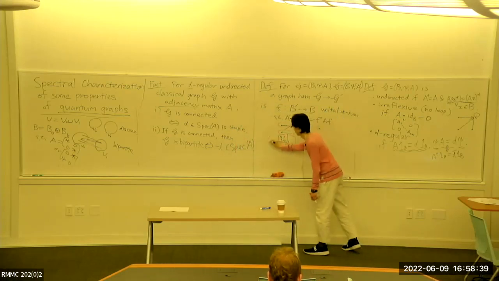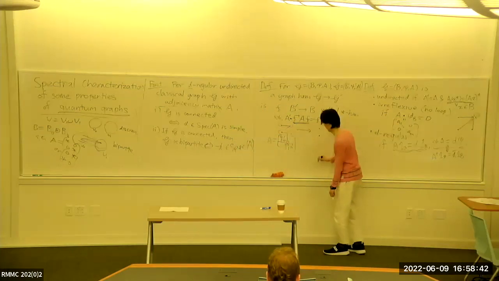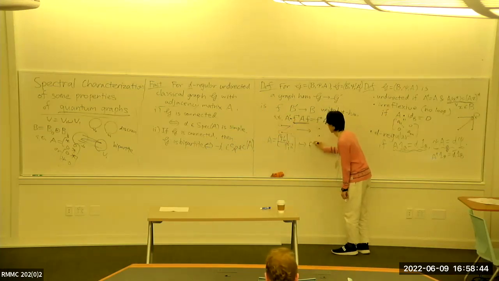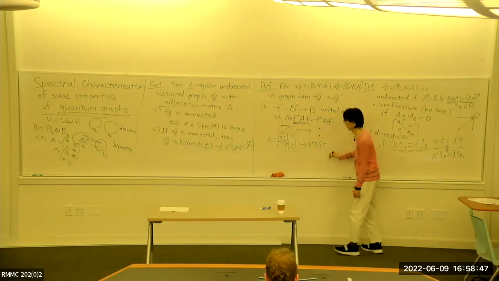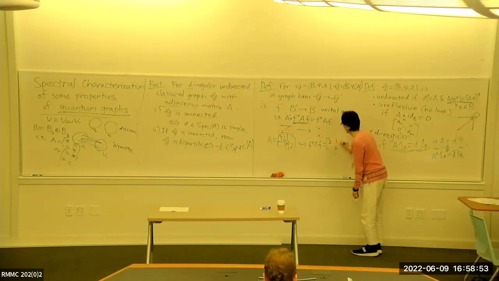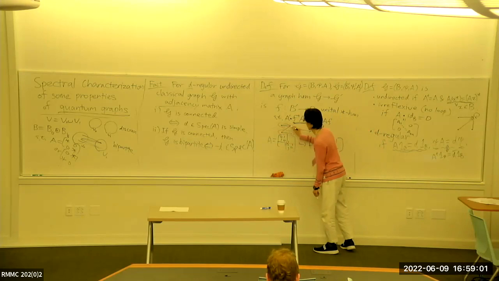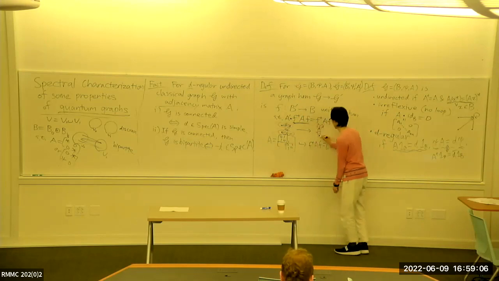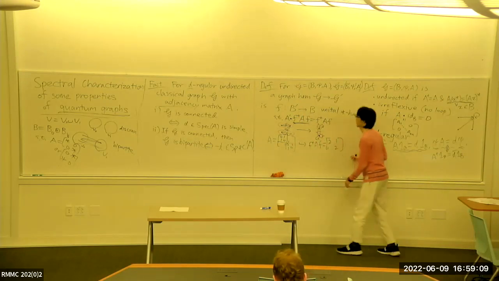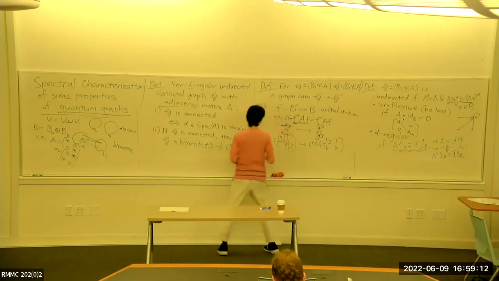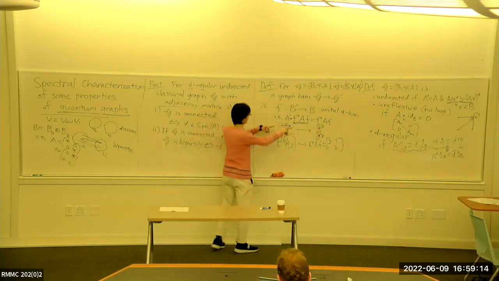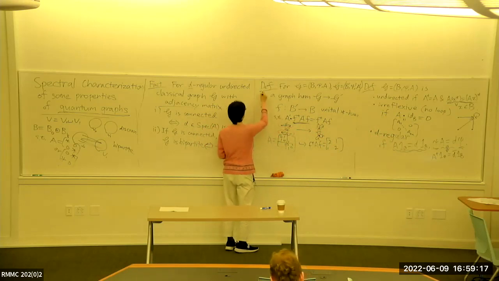This is the graph adjacency operator A, and its push forward is the compression of such a matrix to the two-vertex space. In such a way, we can characterize the graph homomorphism.